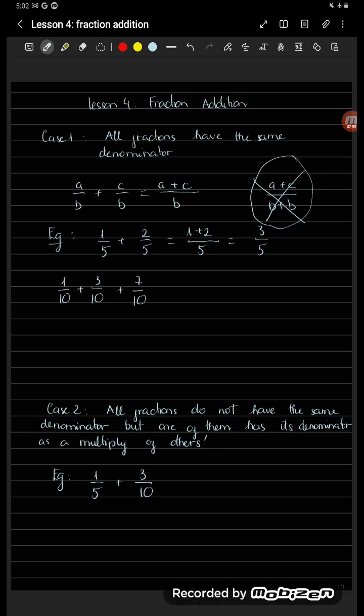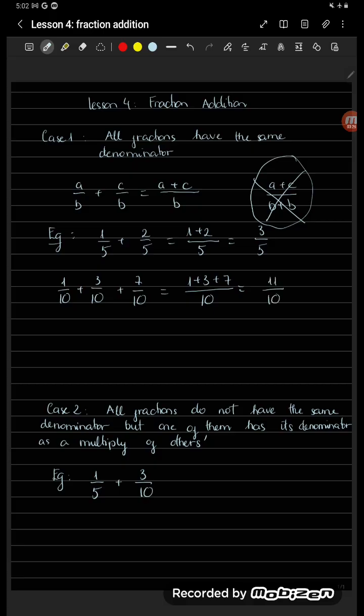If they have the same denominator, like this case where we have 10 as the denominator, always just add the top parts together: 1 plus 3 plus 7. The denominator is just one 10. It's not 10 plus 10 plus 10. It's not at all. Just one 10. Then the answer is 11 over 10.